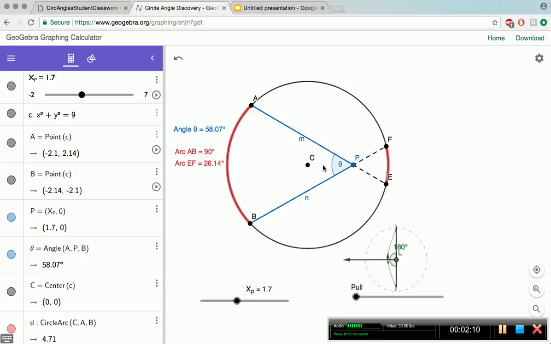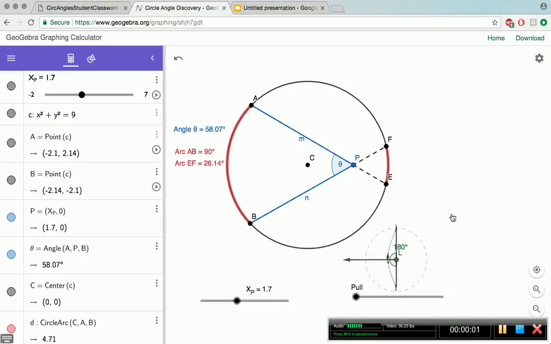Every single time, the angle is the average of the arcs. So we have this angle is 58 degrees, but I'm just going to call it theta equals arc AB plus arc EF divided by 2. So that's the average formula. Theta equals arc AB plus arc EF all divided by 2.